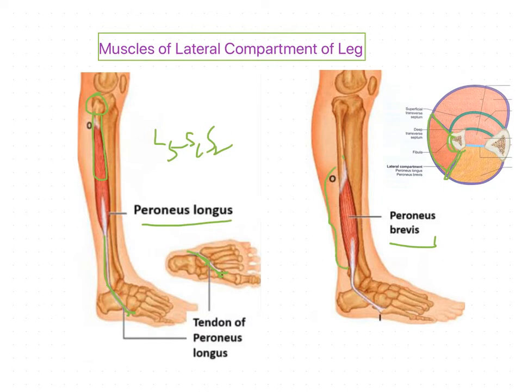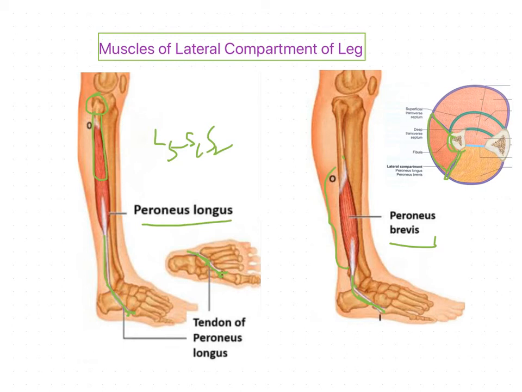The tendon passes behind the lateral malleolus, lying anterior to that of Peroneus longus, and runs forward on the lateral side of the calcaneum. The tendon is inserted into the fifth metatarsal bone, the lateral side of the base of the metatarsal bone. So this is the insertion.